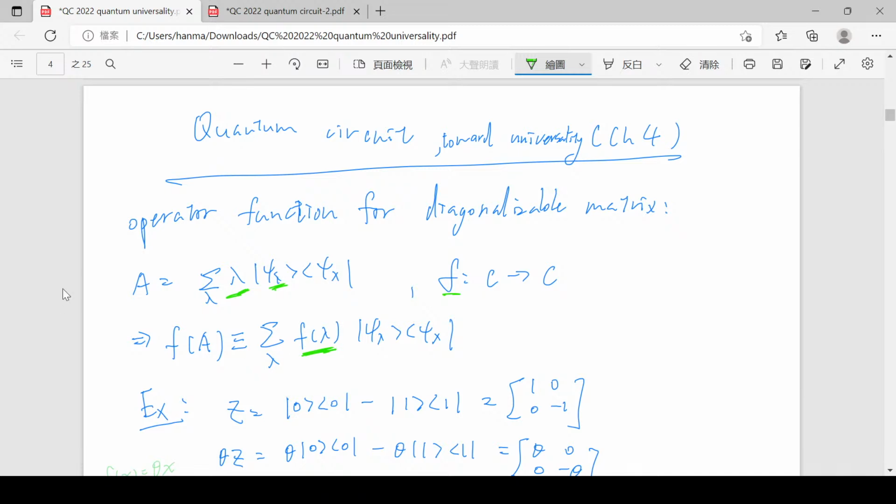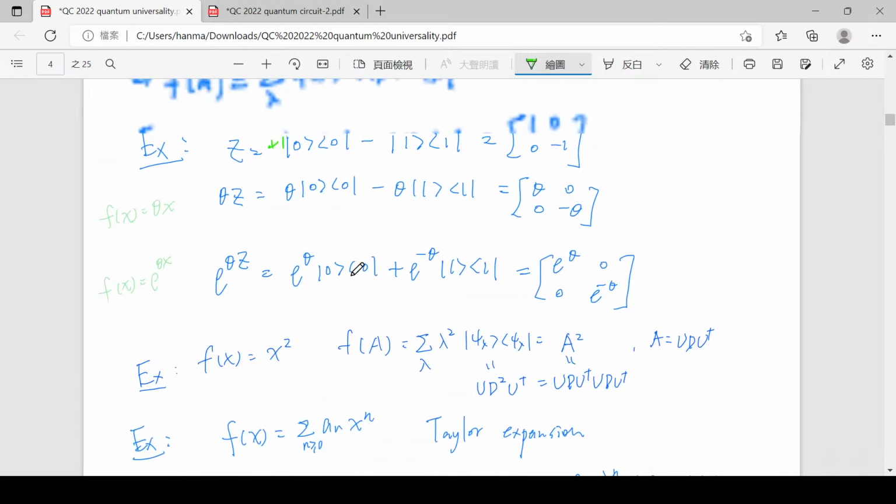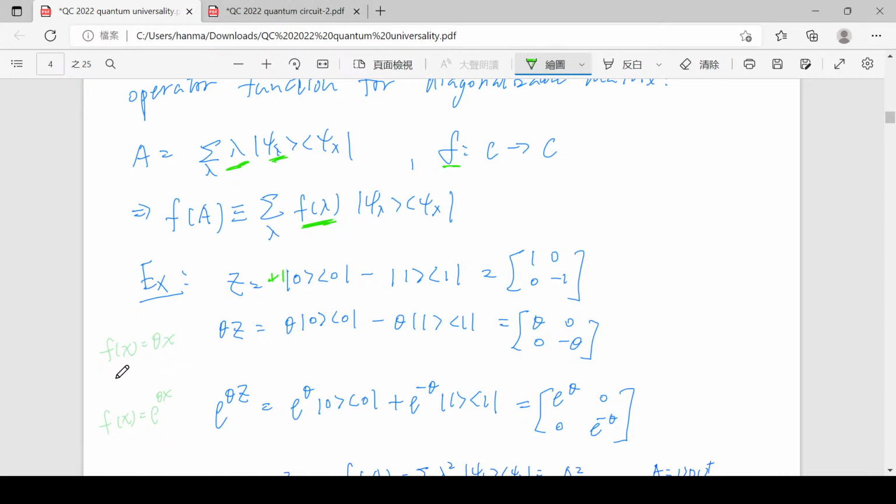Okay. So here we see some examples. A very simple diagonalizable matrix is Z, right? Z has eigenvalue plus 1 with eigenvector 0, and eigenvalue minus 1 with eigenvector 1. You see in the standard 0, 1 basis it is already in diagonal form, 1 and minus 1. Then let's think about the first function, f of x equal to some number theta times x.